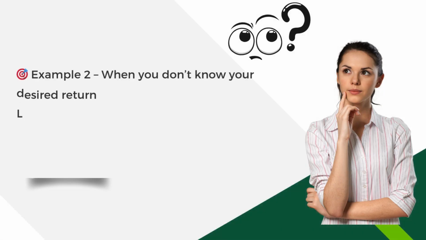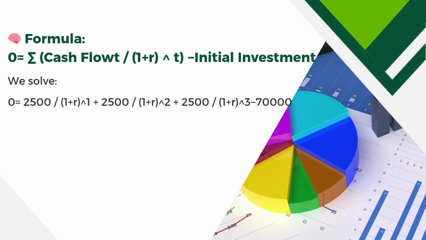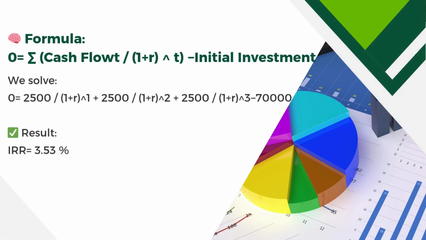Example 2. When you don't know your desired return, let's say you're offered this investment. You pay $7,000 today and receive $2,500 per year for 3 years. You're not sure what return you should expect, but you want to know the minimum return this investment gives you.